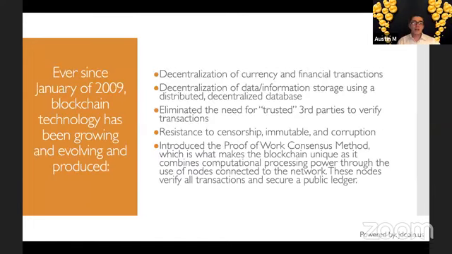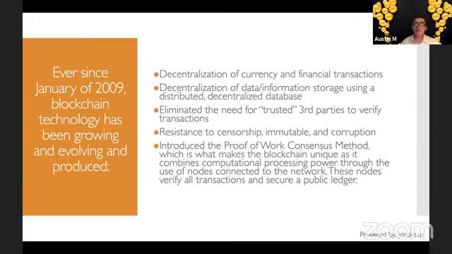So ever since January of 2009, blockchain has truly been growing and evolving, and it's produced a decentralization of currency and financial transactions, and decentralization of data and information storage using a distributed and decentralized database, eliminating the need for, quote, trusted third parties to verify the transactions, such as intermediaries like banks and whatnot.